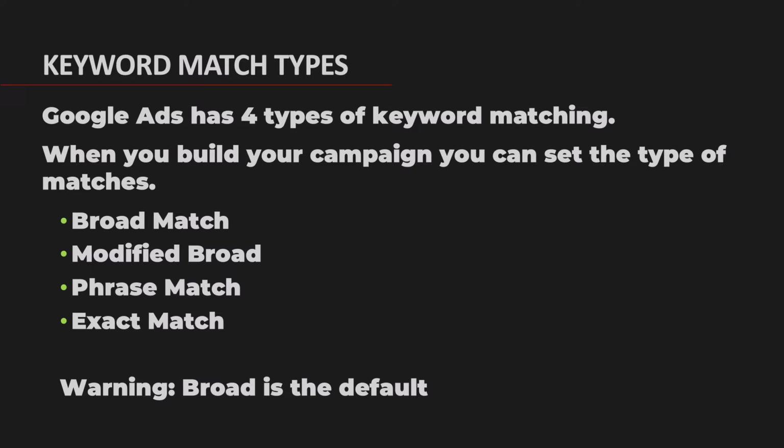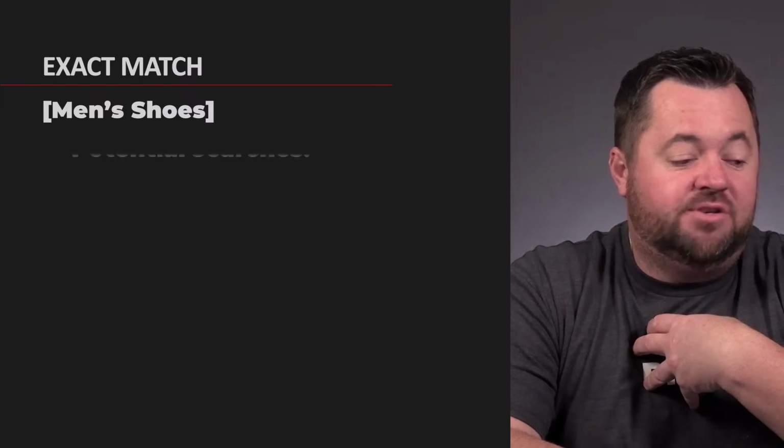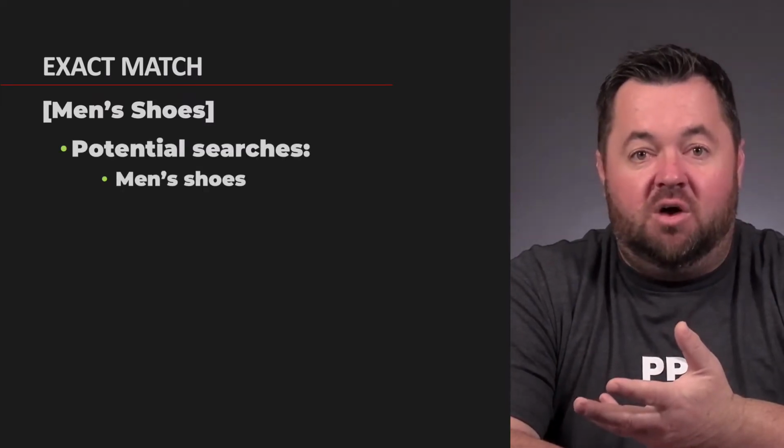Okay, now I'm going to go through this kind of in reverse order and show you how these match types actually work. So the first one that we want to look at is exact match. Now, exact match is actually how most people think that Google Ads works. And it's not really commonly used, but it's what we think that we're using. So what exact match is, if I'm selling men's shoes and somebody comes in and they actually type the search men's shoes, then my ad is going to show.